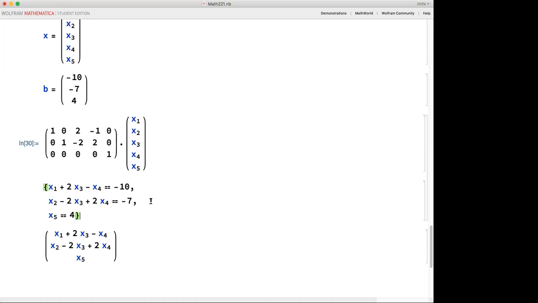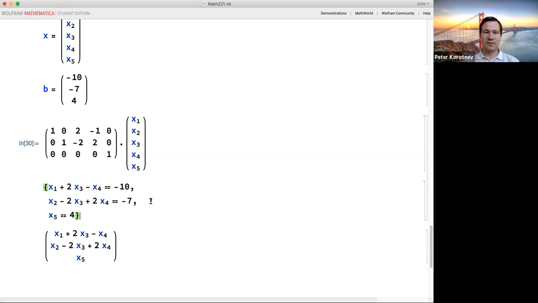So it's up to us to decide which of those variables are parameters, and which of those variables can be found from these equations. Out of 4 variables, we have 2 equations. So there are 2 parameters, 4 minus 2.